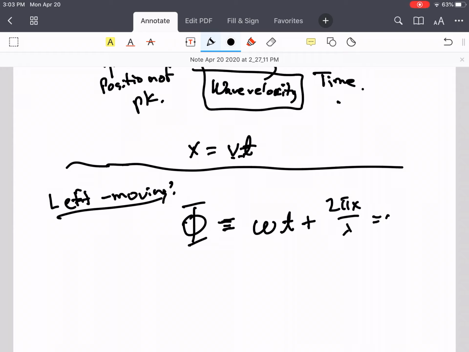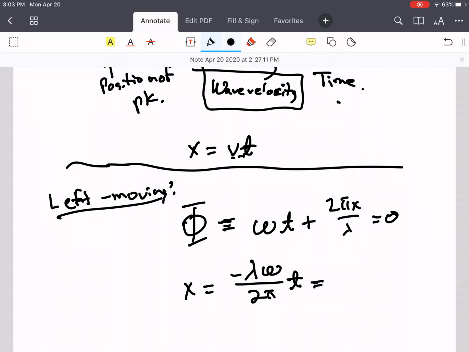And as before, let's just track what happens when the phase is 0, that first peak. So we'll solve this for x. We get x is equal to now negative lambda omega over 2 pi times t.